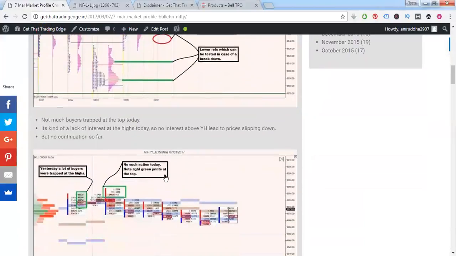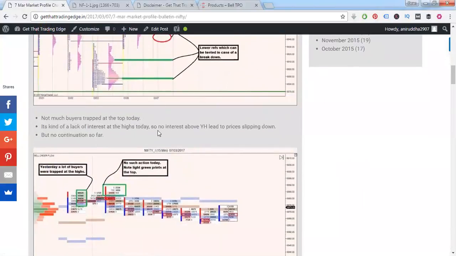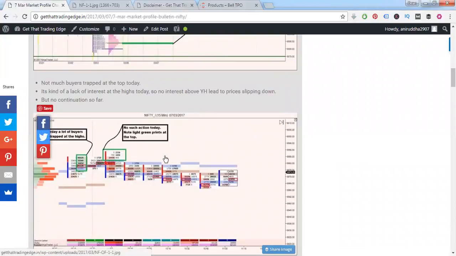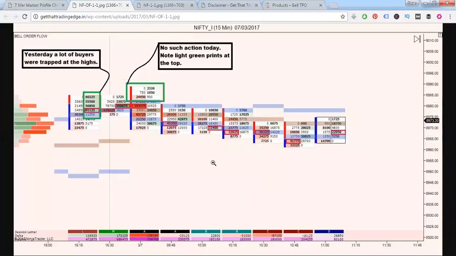If we look at the same development through the order flow chart, we have some interesting observations. First and foremost, look at yesterday's closing bar, and you can see a lot of deep green prints at the top of the bar. Today we open almost at the same level, go above that bar, and again come back.